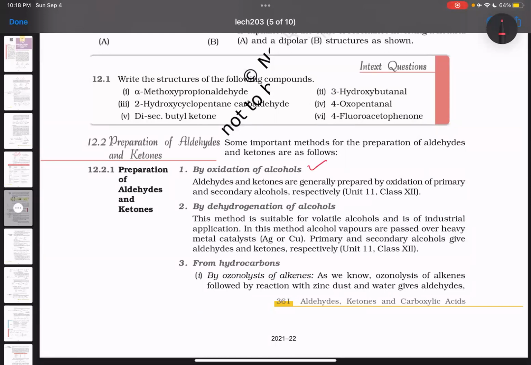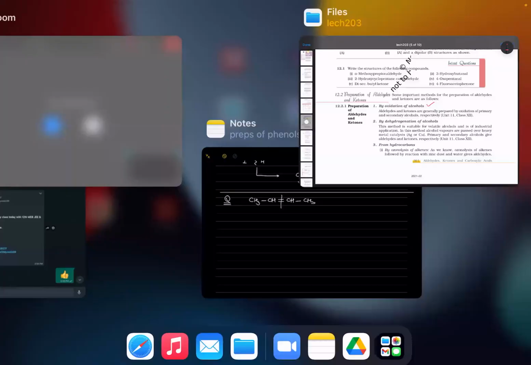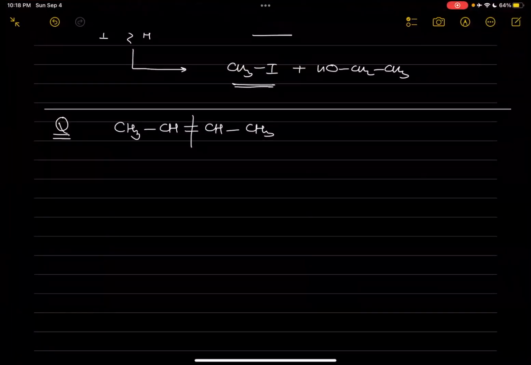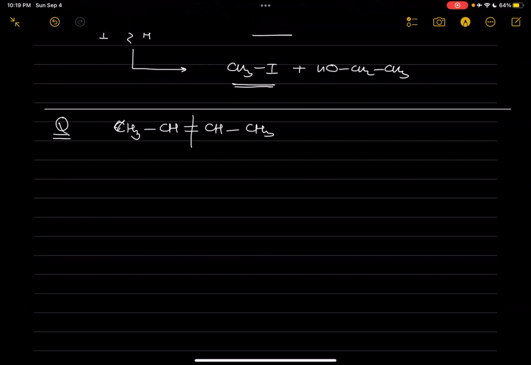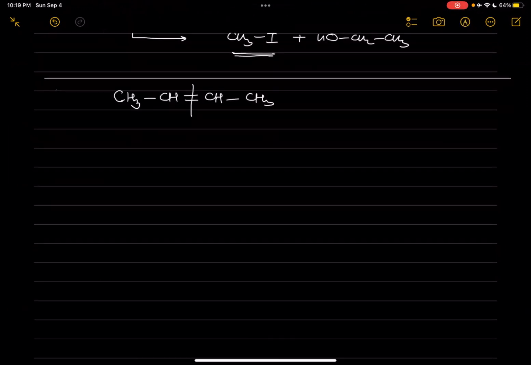That portion is common to the alcohol and aldehyde ketone chapters. How do you get aldehyde and ketone from alcohol? From alkenes and from alcohols.